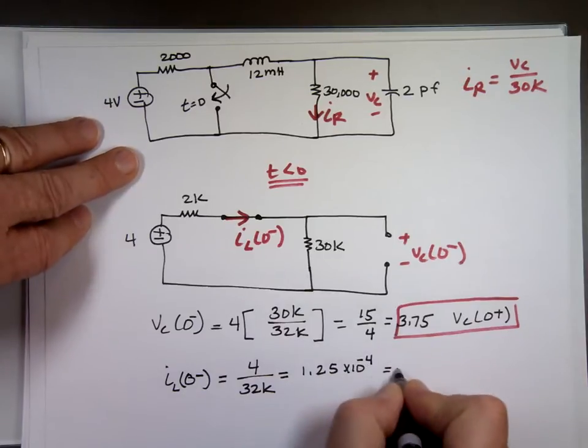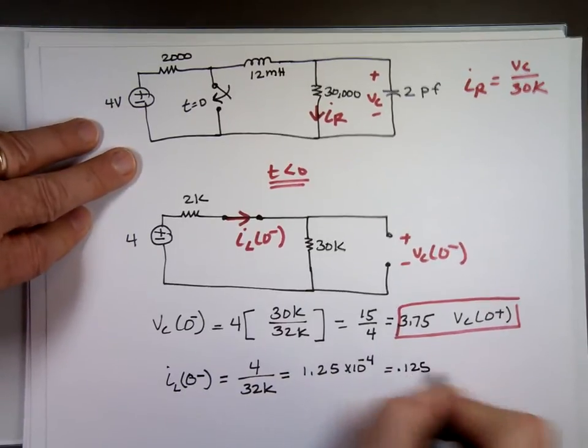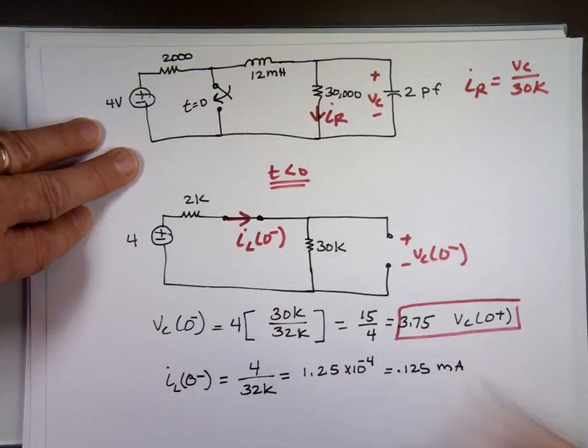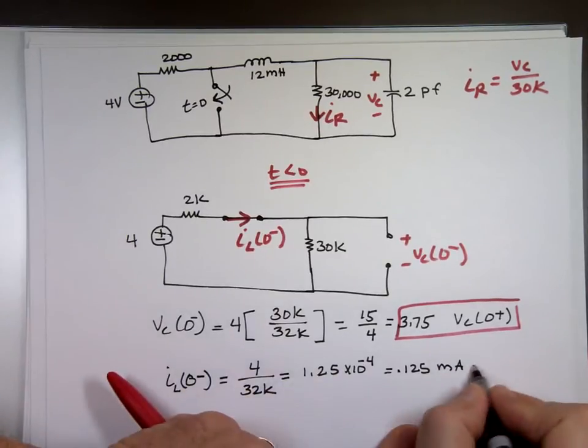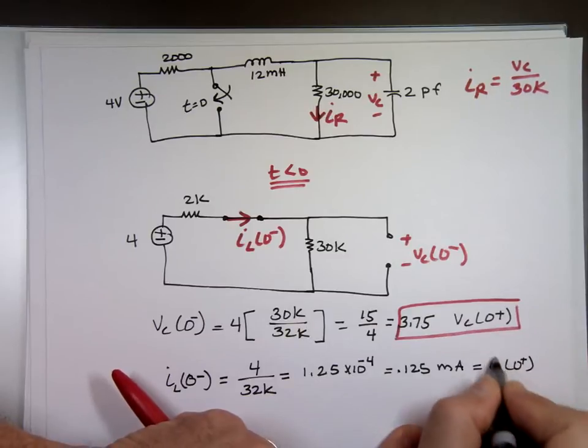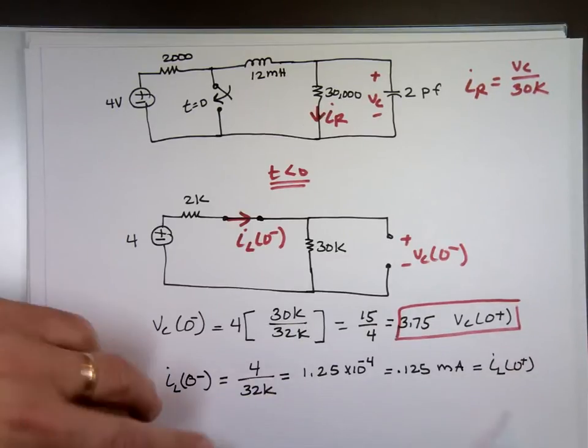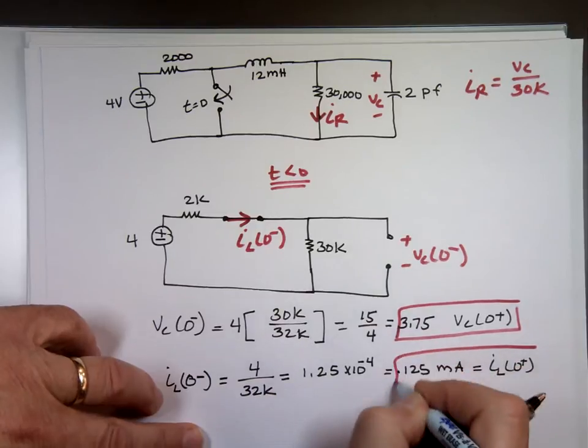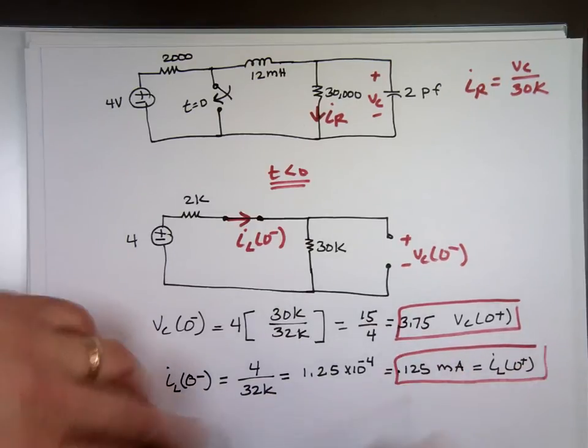Is that 0.125 milli? And this is I sub L at 0 plus. And I will need that to find K1, K2.